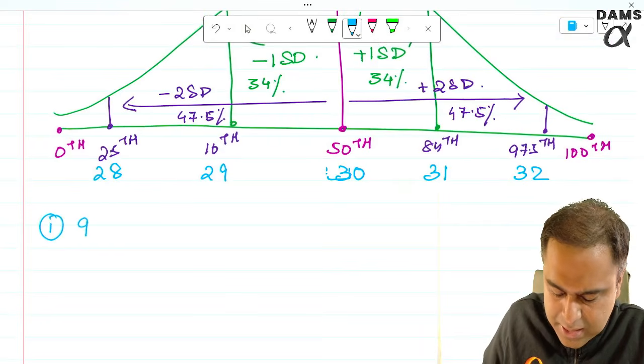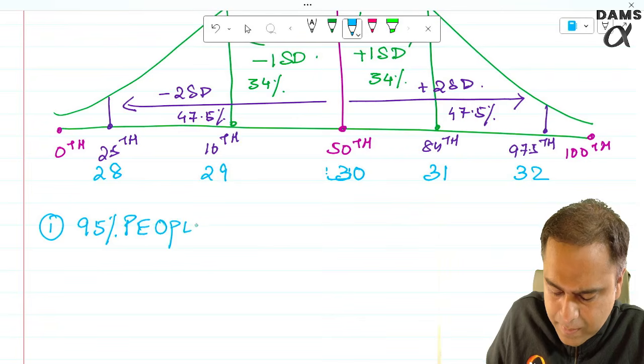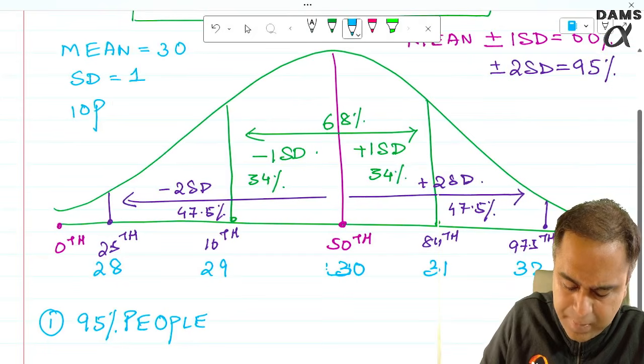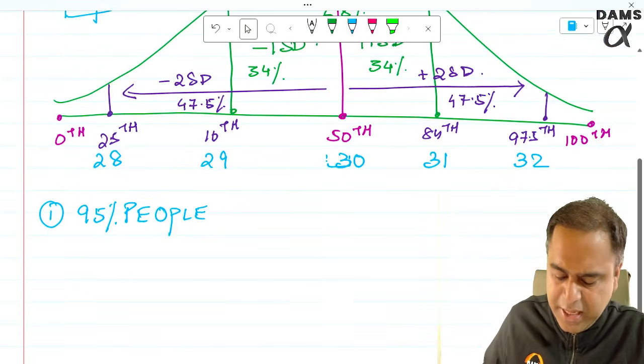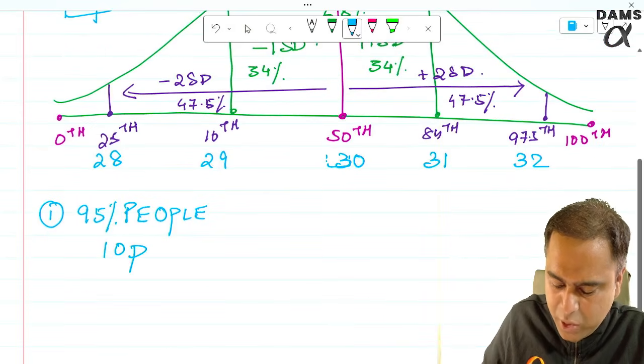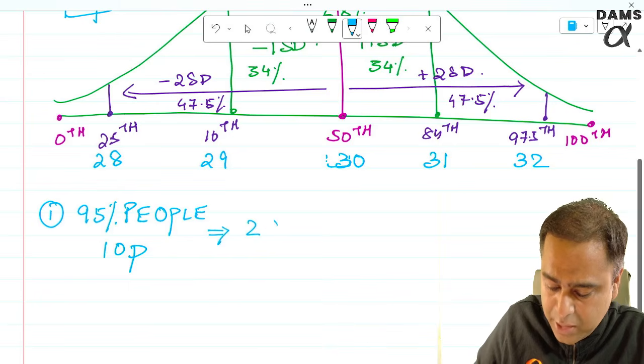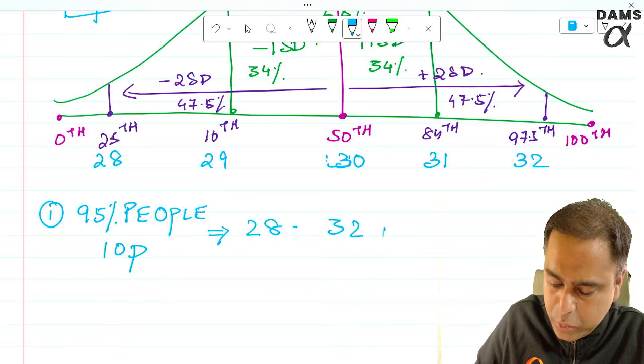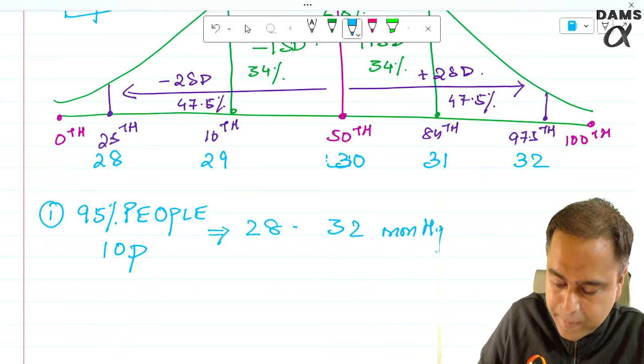First, 95% people. Now suppose I am talking about this value as an intraocular pressure. So 95% of people have IOP values ranging from 28 to 32 mm of mercury.